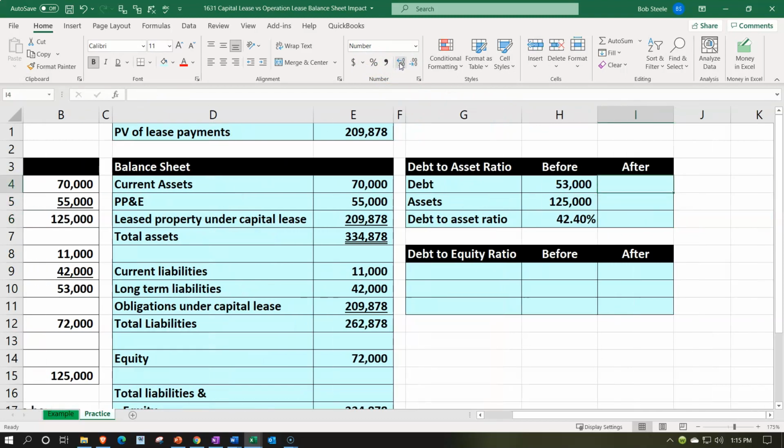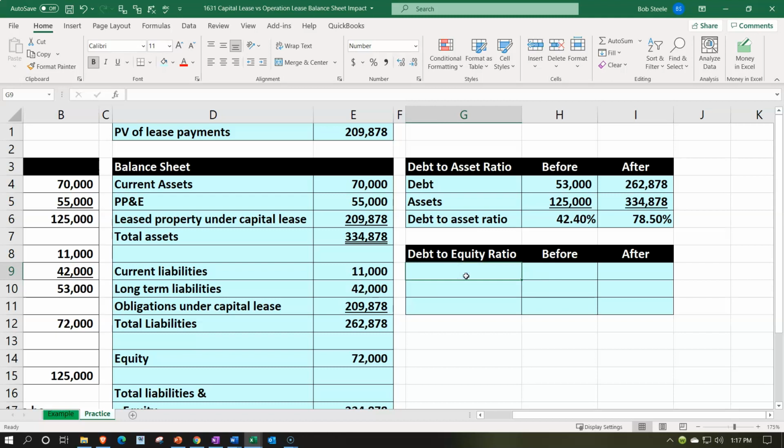And then after, we had a debt of the 262,878, and we had the assets of the 334,878. And if we divide that out and make that a percent, percentifying that, adding a couple decimals, we're at the 78.50. So you can see basically a substantial difference in the debt to asset ratio. Let's put some underline here, font group and underline.